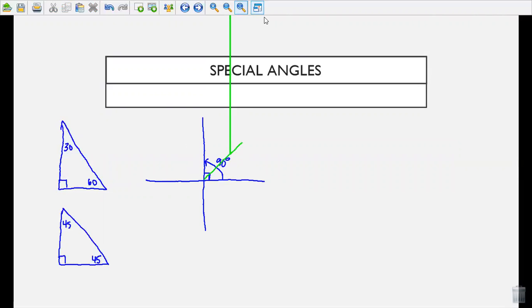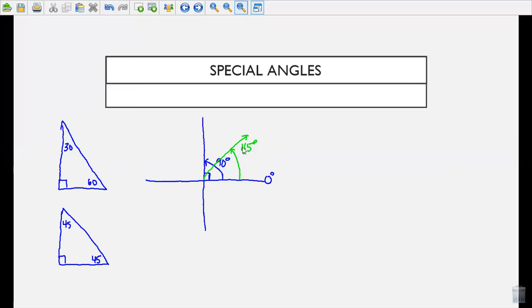If I wanted 45 degrees, 45 is half of 90, so it's right in the middle of that quadrant. There's our 45-degree angle, starting from the x-axis and going up. The way we graph angles is we consider the positive x-axis to be 0 degrees, where we start.